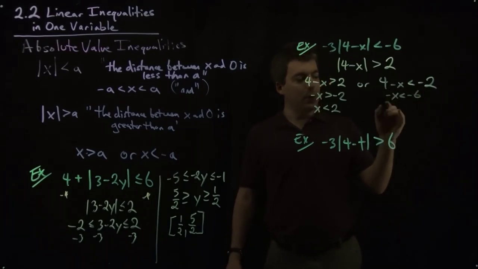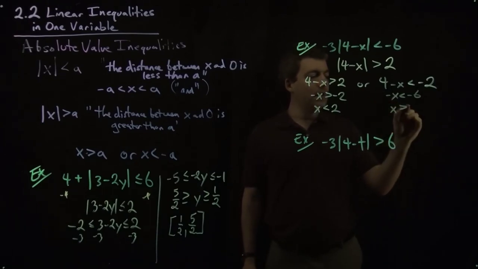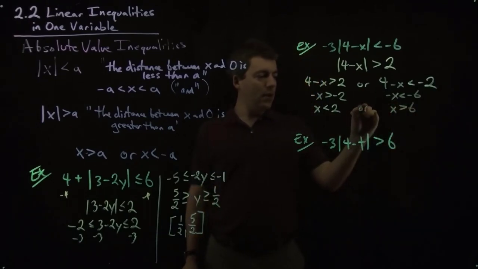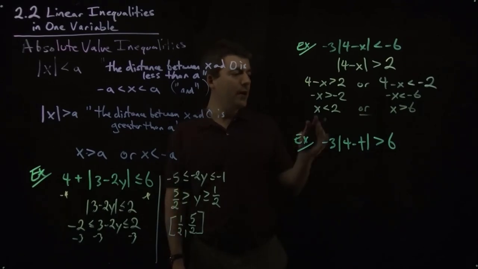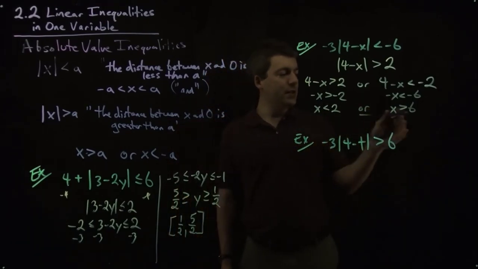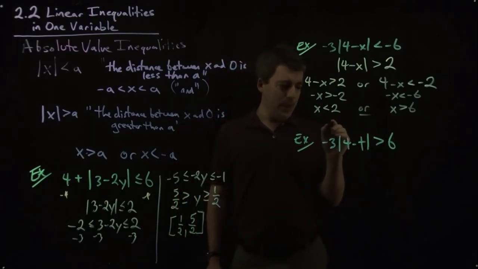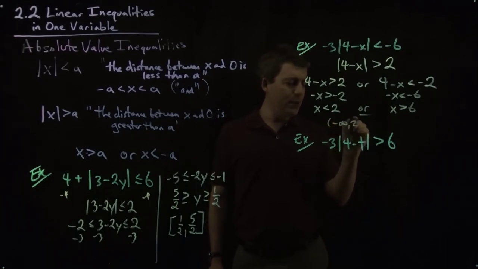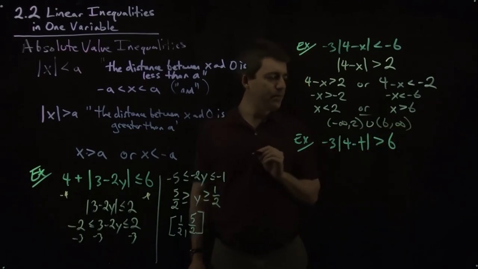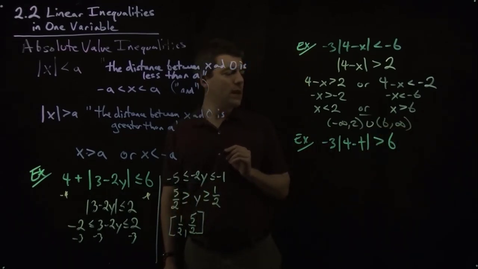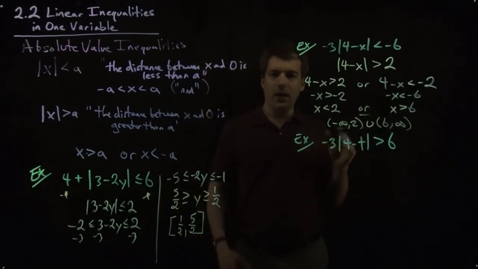Divide by negative 1, or multiply by negative 1, x is greater than 6. Okay. And the conjunction is or here, so we're going to take the union of these two. So we've got negative infinity to 2, union 6 to infinity. And again, you could graph that on a number line.